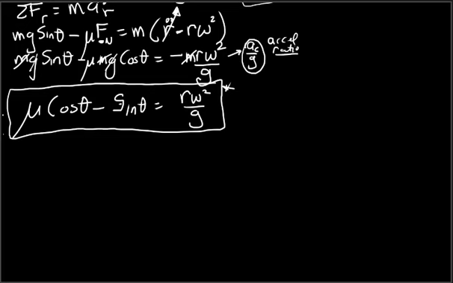Technically this is our solution, but we have a problem here: we want theta, and it's buried in two functions. This is a common problem that we'll run into when working on these equations, where we'll have a cosine and a sine together that we're trying to solve for that variable inside of there.